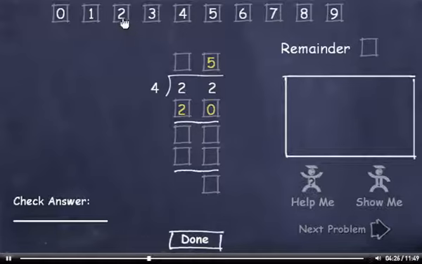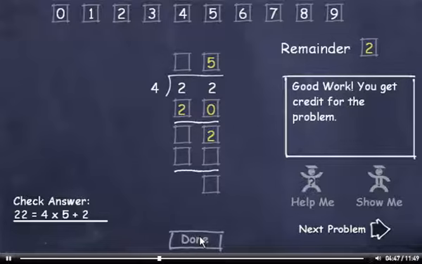Two minus 0 is 2, and 2 minus 2 is 0. Put 2 in the remainder box. The answer is 5, remainder 2. Click the Done button and move on to the next problem.